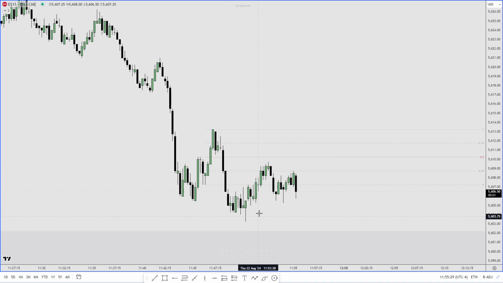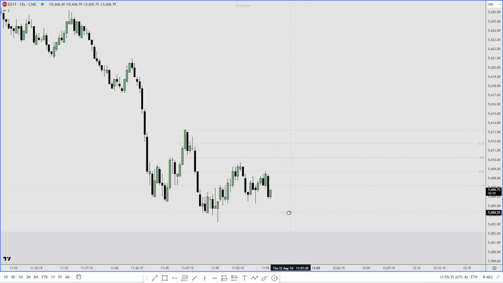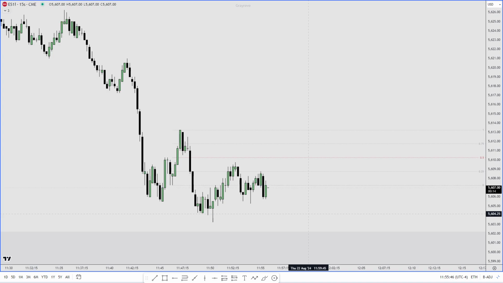Alright, finally we have a stop hunt, and then this would be the bearish on the block, this up close candle here. Do we get anything? We should start to trade lower, take out this low into this daily volume imbalance.